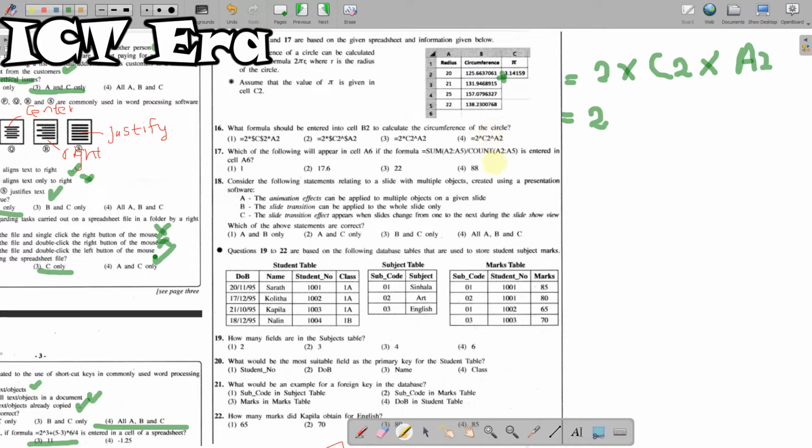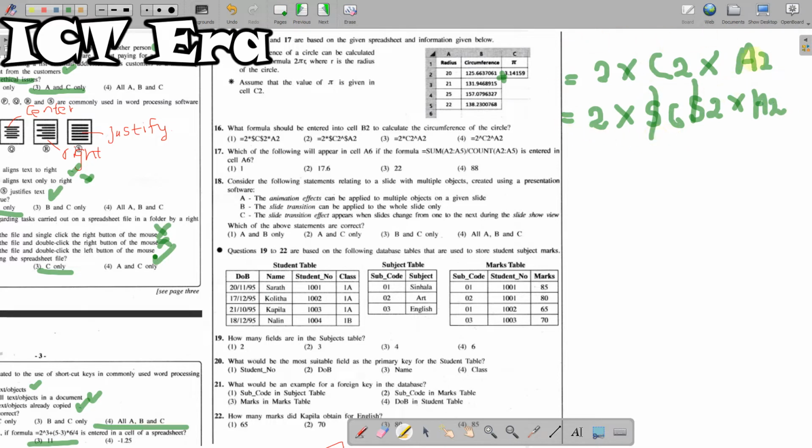there's another way. What is it? We should lock the pi column as well as the row, and use A2 for the radius. These are the two methods.